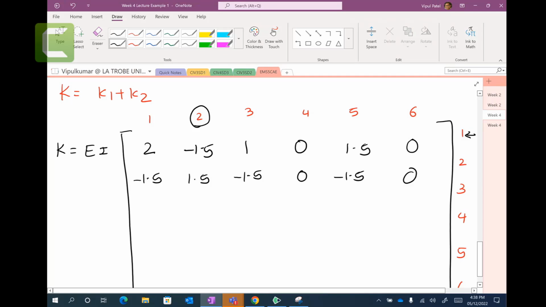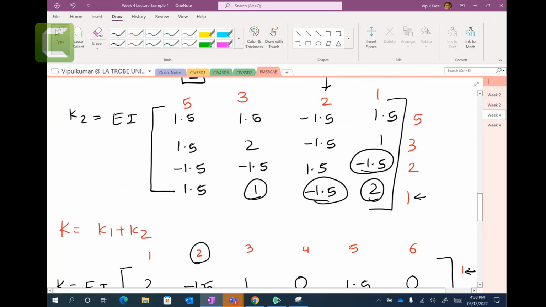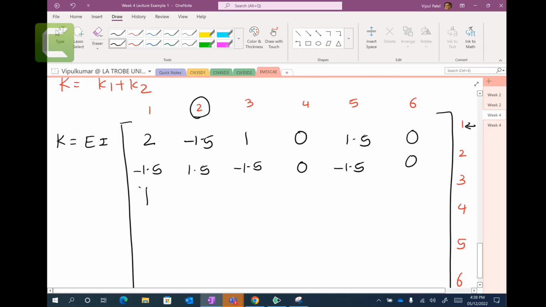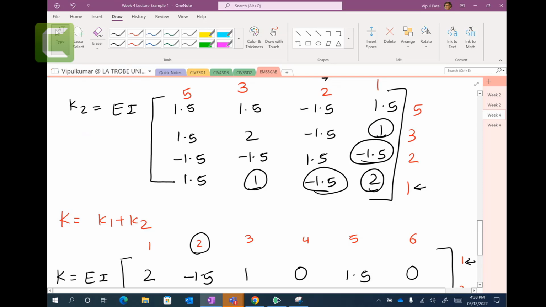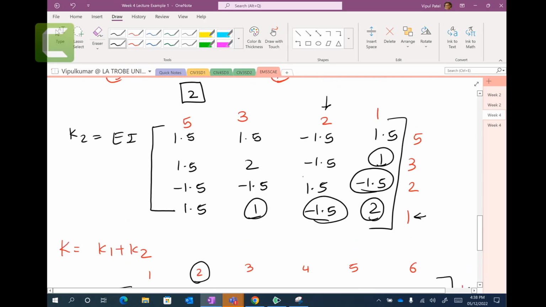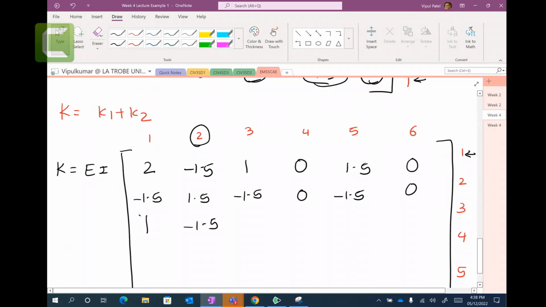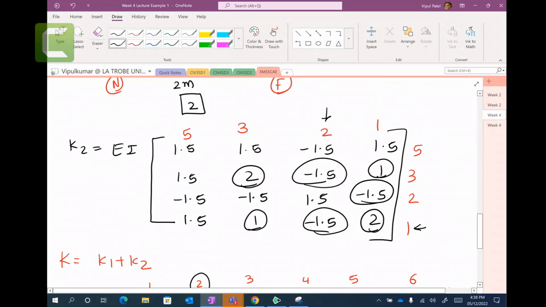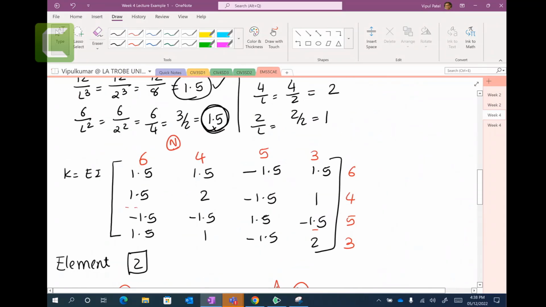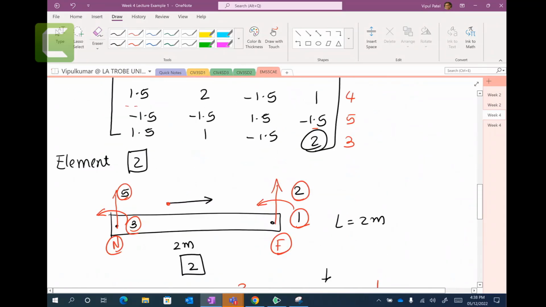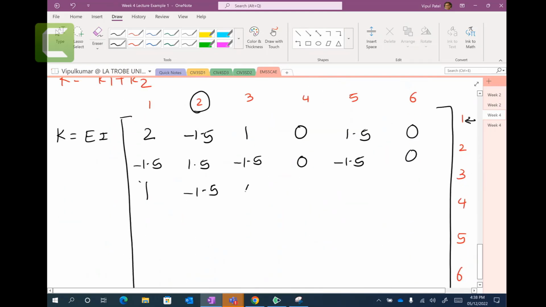And column 6, row 2 is 0. Now row 3, column 1 is 1. Row 3, column 2, minus 1.5. Now column 3, row 3 is 2 here and 2 here. So 2 plus 2 is 4.